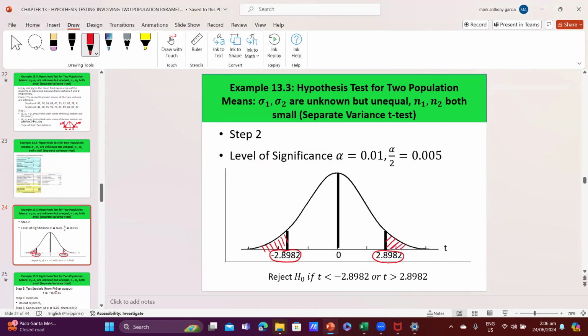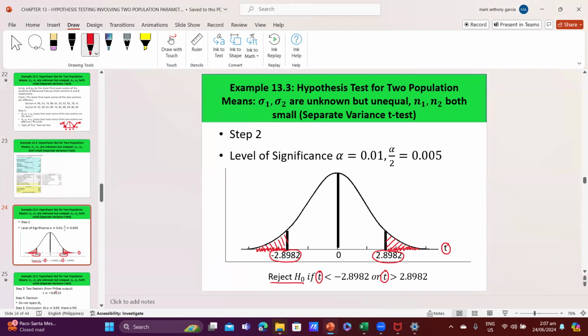So our critical region involves two sides, one at the leftmost and one at the rightmost part of the t-distribution. So this shaded region indicates that we have to reject the null hypothesis if the t-test statistic is less than negative 2.8982 or when the t-test statistic is higher than 2.8982.